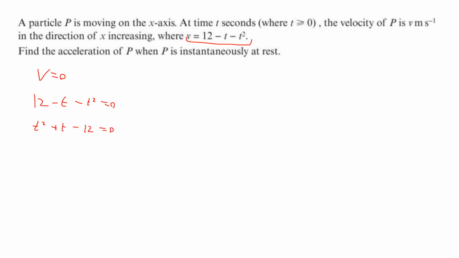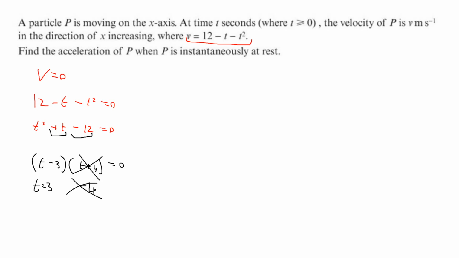Now, let's think of two numbers that add up to make that, but multiply to make that. 3 and 4. (x minus 3)(x plus 4). Although, sorry, it's t in this case. Let me just rub that out. And that's equal to 0. So therefore, t is equal to 3. And we disregard the 4 because it's going to be -4, but we can't have negative time.